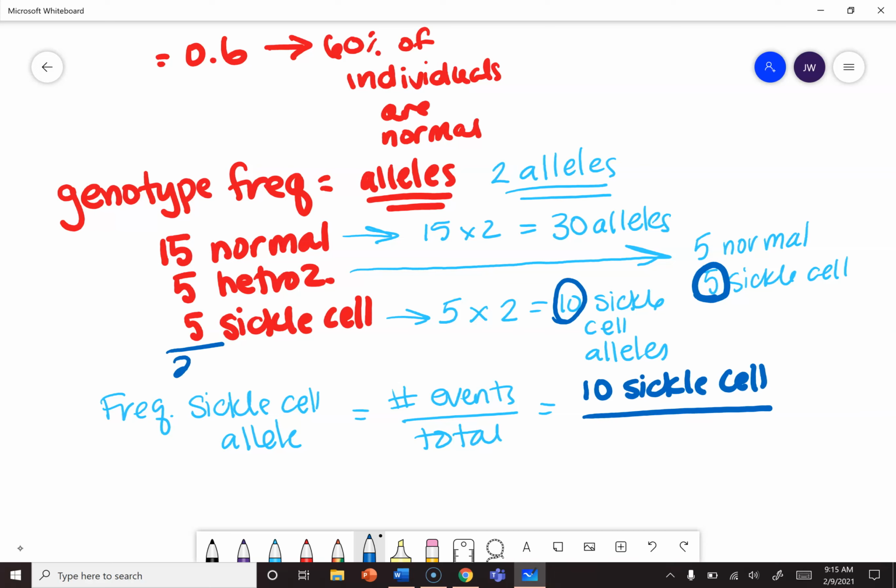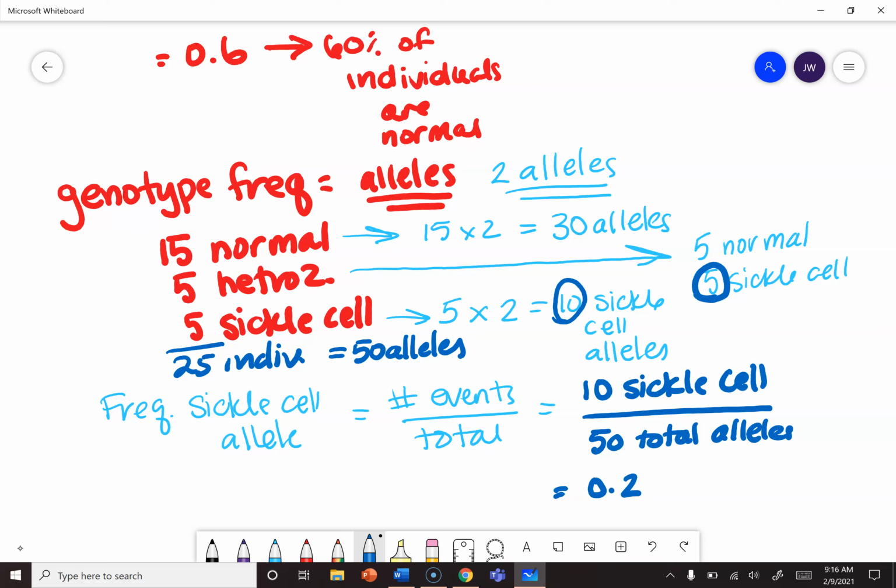We have 25 individuals, each with 2 alleles, which means 50 alleles altogether. So the frequency of our sickle cell allele is 10 divided by 50, which is 0.2. That means that 20% of the alleles are sickle cell.